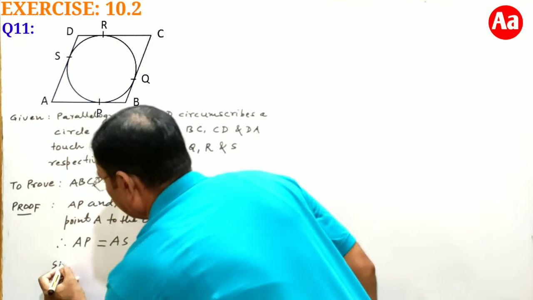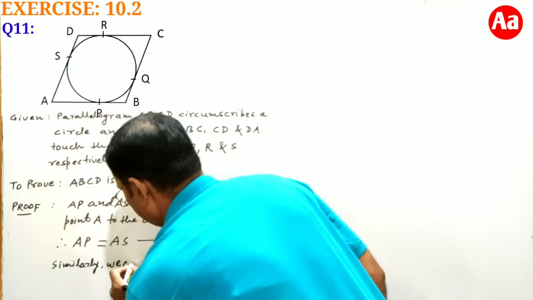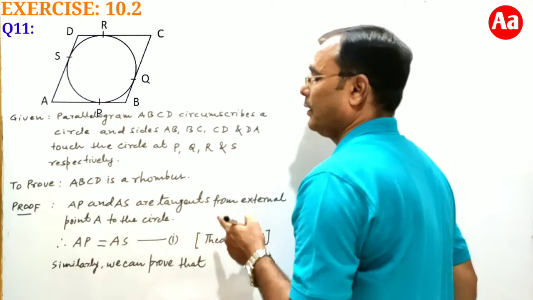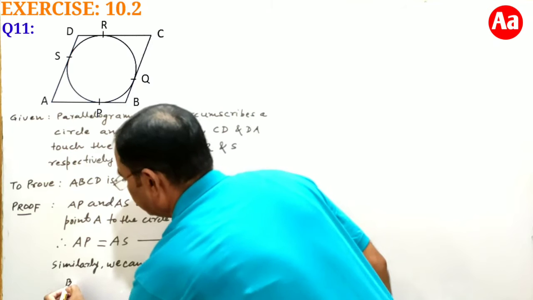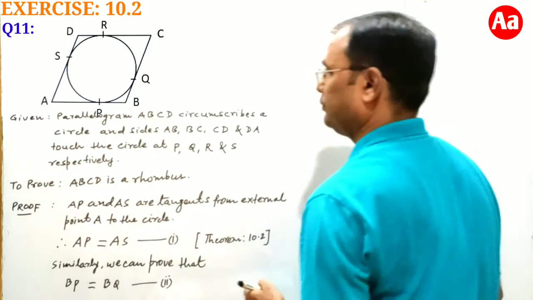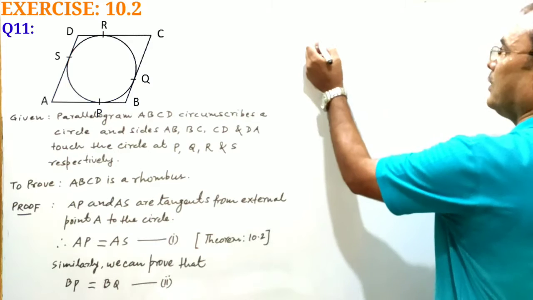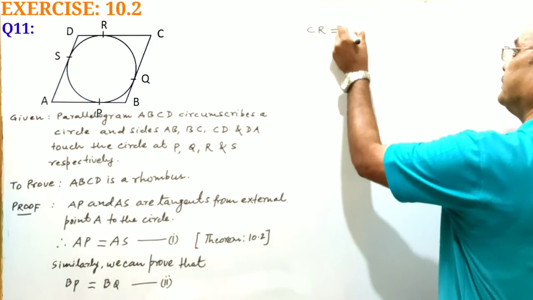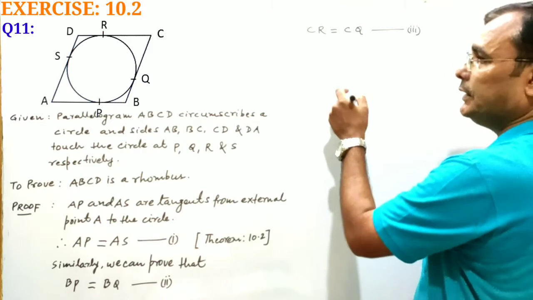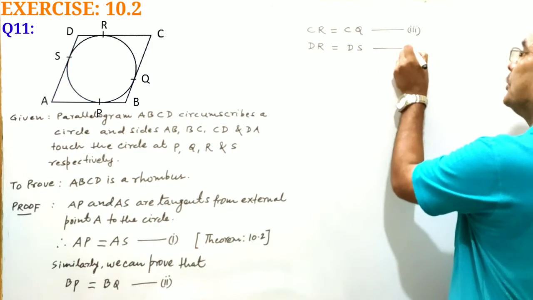Similarly, we can prove that BP equal to BQ, number 2, CR equal to CQ, number 3, DR equal to DS, number 4.